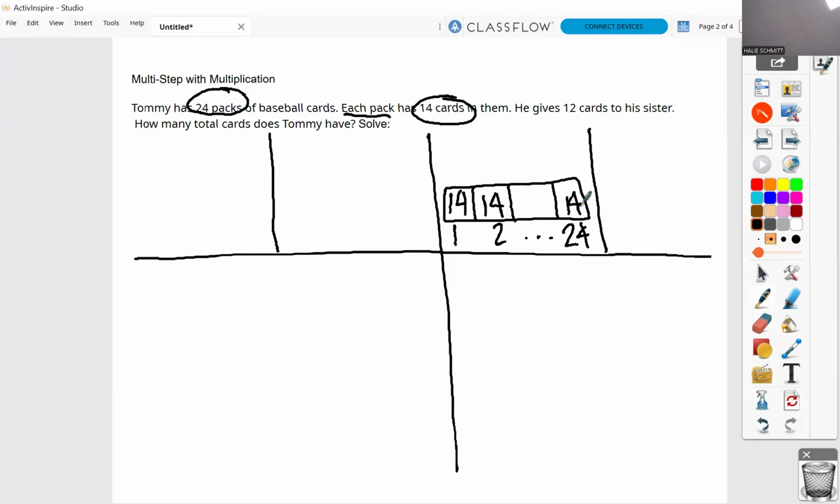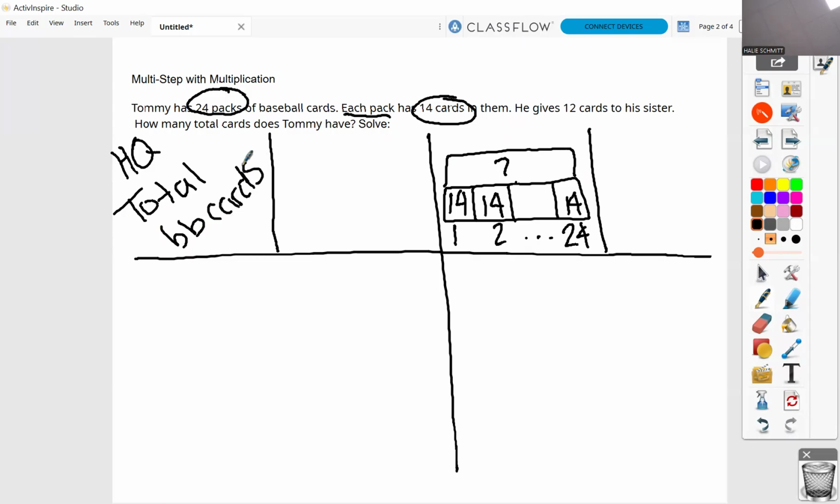Now, do we know how many total cards there are? Not according to this, we don't know, but could we find it? Yes. So that is what we call our hidden question, a question that isn't asked by the problem, but we have to know the answer in order to move forward. So again, we're looking for total baseball cards. And we do our box method where we decompose the factors.